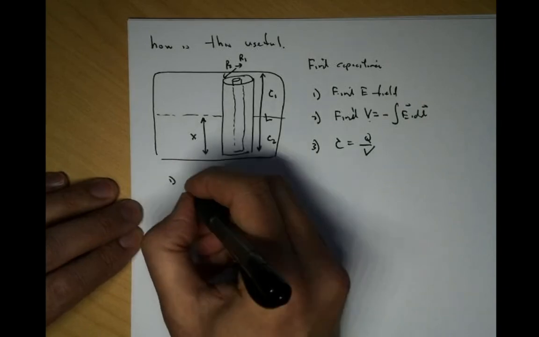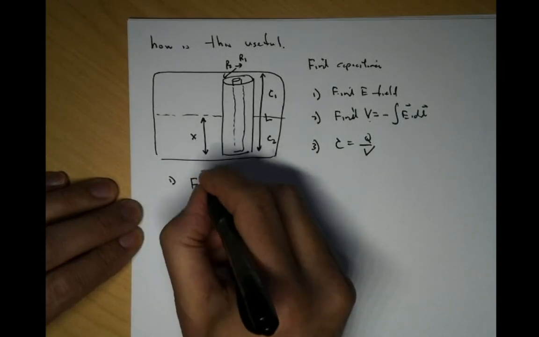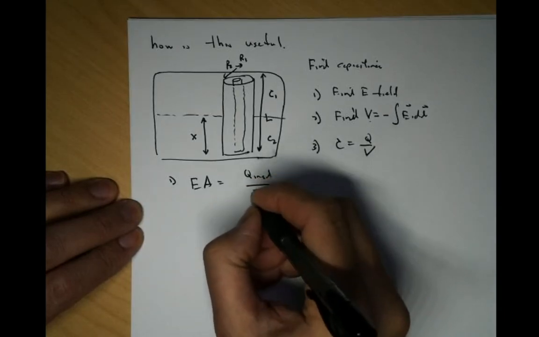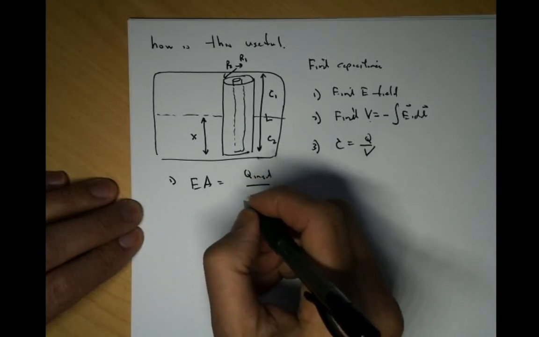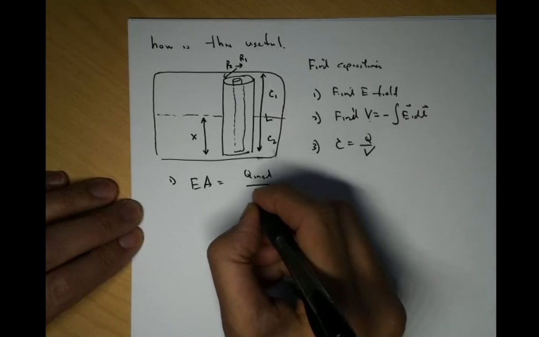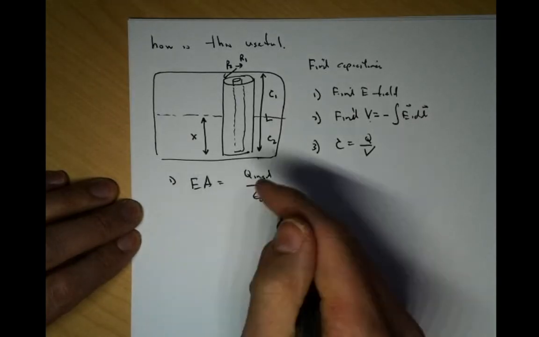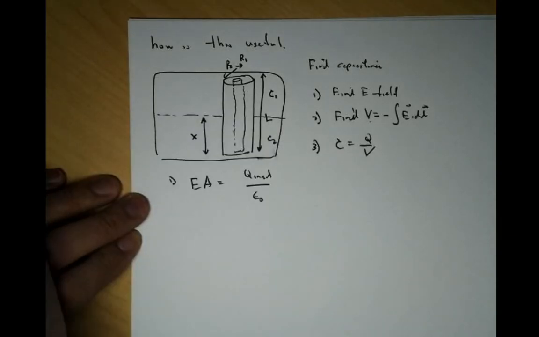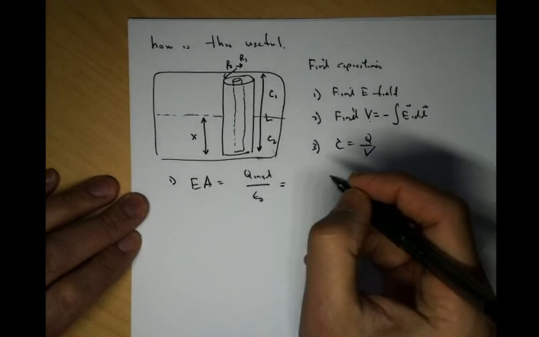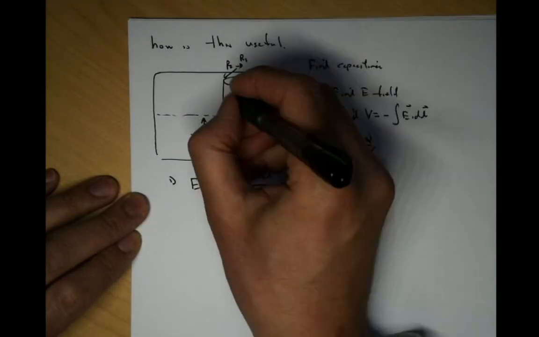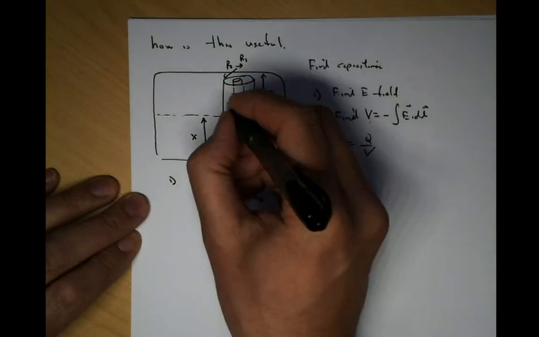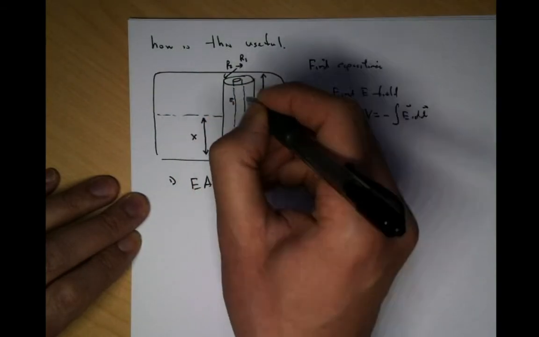So part A, step 1. This is going to be E times A is equal to Q inside over epsilon naught. Well, what's that going to do? I don't necessarily know what Q inside is, but I do probably know there's some surface charge sigma 1 along this thing.